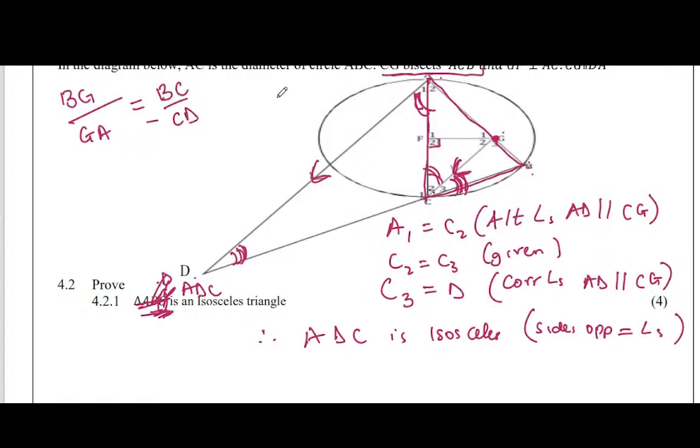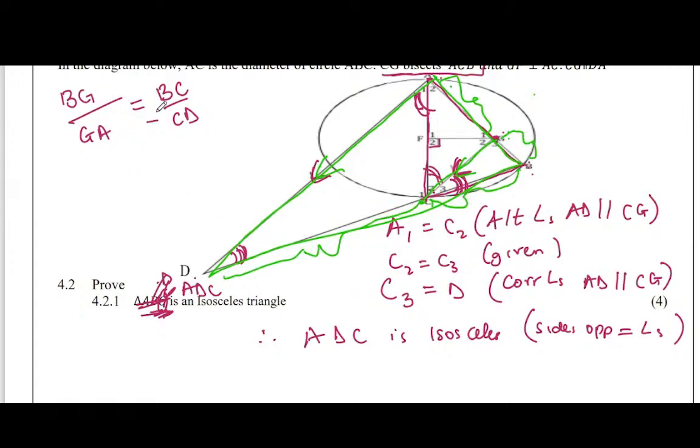BC over CD. So in other words, if we focus on this, this is our parallel line. So this over that must be the same as this over all of that.